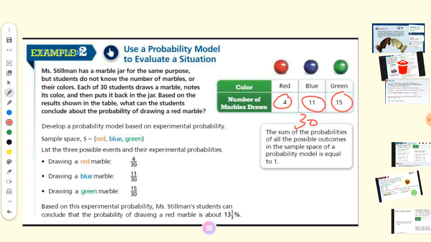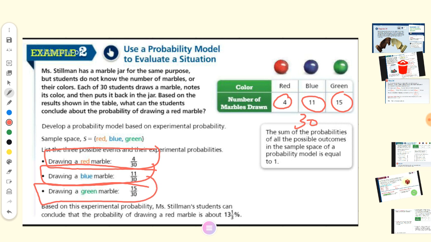The probability of each one: for red, 4 over 30; for blue, 11 over 30; for green, 15 over 30. You can convert it into a percent by multiplying each event by 100. As an example, for the red one it's about 13.3%, something like this. So you can calculate the percent for each one.